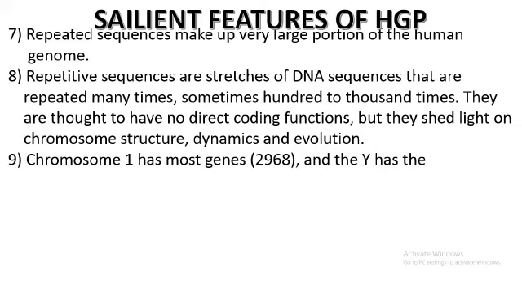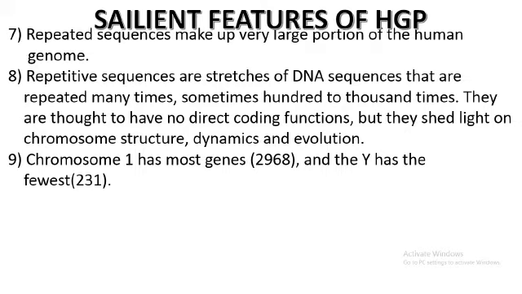Then chromosome 1 has the most genes, that is 2968, and Y has the fewest genes, that is 231 genes. Yeah, this is also very important. We have studied that a human being has 23 pairs of chromosomes, or 46 chromosomes. I have shown the chromosome pictures while explaining chromosomal anomalies.